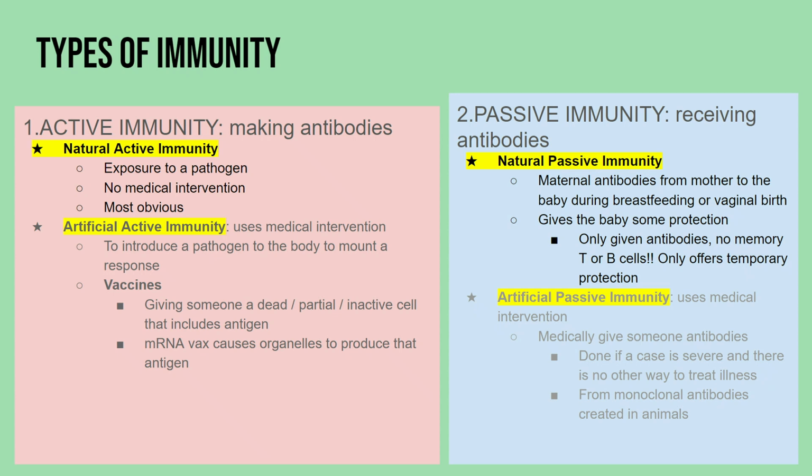Artificial active immunity is when your body mounts a response, produces antibodies, but you were introduced to the pathogen artificially through maybe a vaccine. So with this type of vaccine, you're giving someone a partial part of a pathogen, which is making them make antibodies. So it's artificial active.